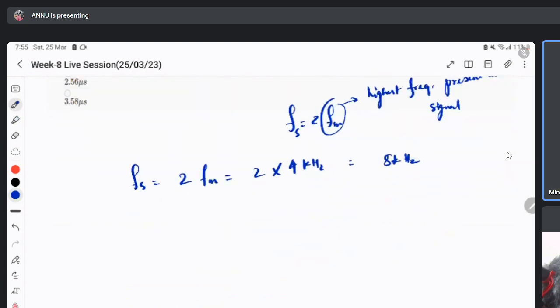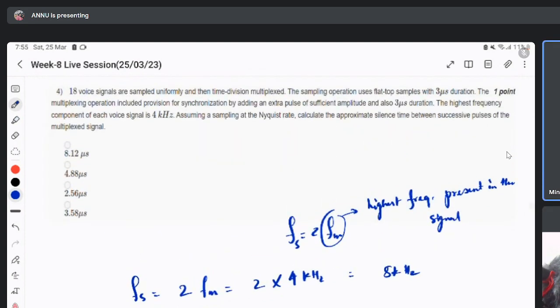Then what is required? Calculate the approximate silence time between the successive pulses. 18 voice pulses, you also require one synchronization pulse, right? Yes, ma'am, so it is 19 pulses.